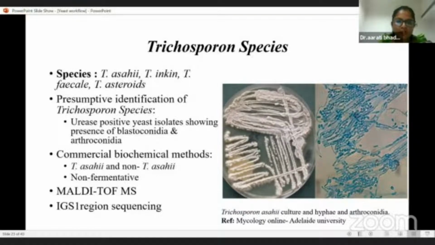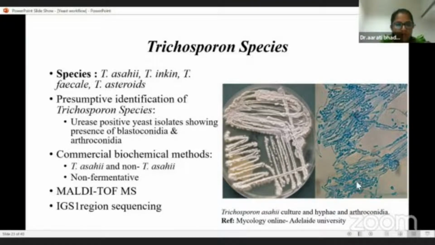If the urease is positive, and on microscopy we can see arthroconidia along with blastoconidia, then it indicates Trichosporon species. Urease positive, giving a dry, grass-like colony appearance, and in microscopy it will give arthroconidia and blastoconidia.